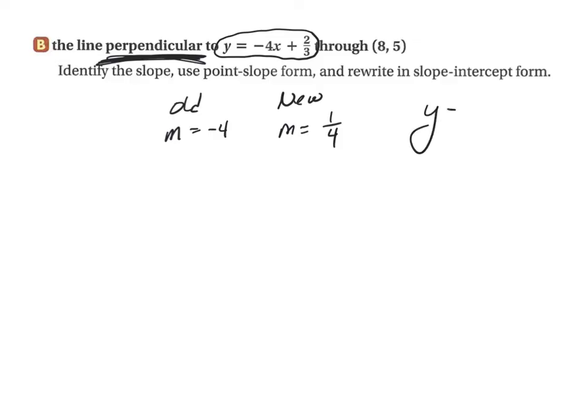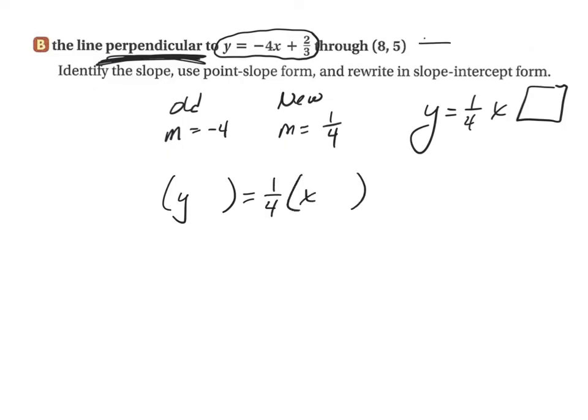When I'm done, I want it to look like this, 1/4 x, and I got to fill this in with the b. Let's go back over here and do y minus, or the point slope form. All right, fill in all these. There's my point. I'm going to take the 5, change its sign, put it in with the y. Take the 8, change its sign, put it in with the x. Distribute so I can solve for y.